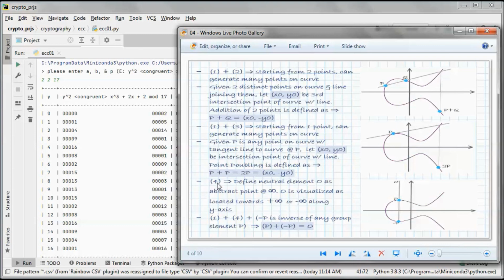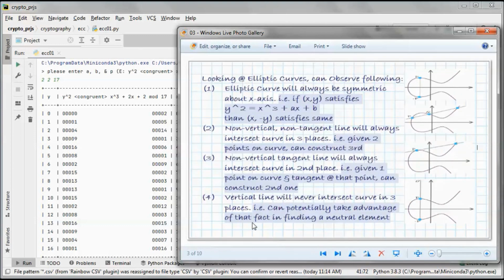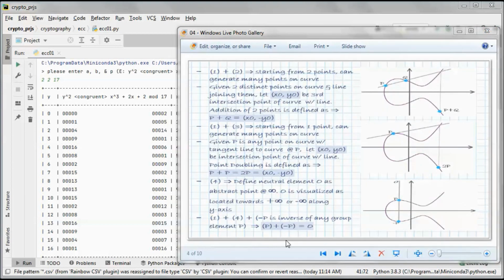And we also take advantage of our fourth observation, that a vertical line will never intersect the curve in 3 places. So we define a neutral element O as an abstract point at infinity.